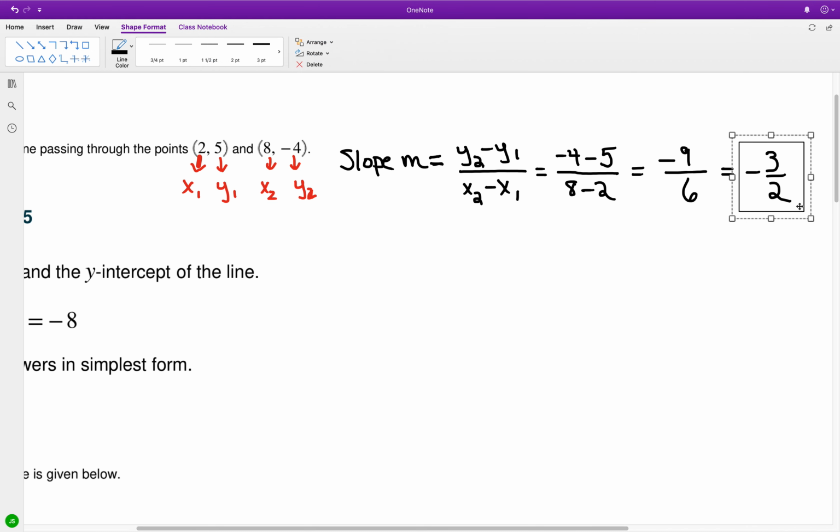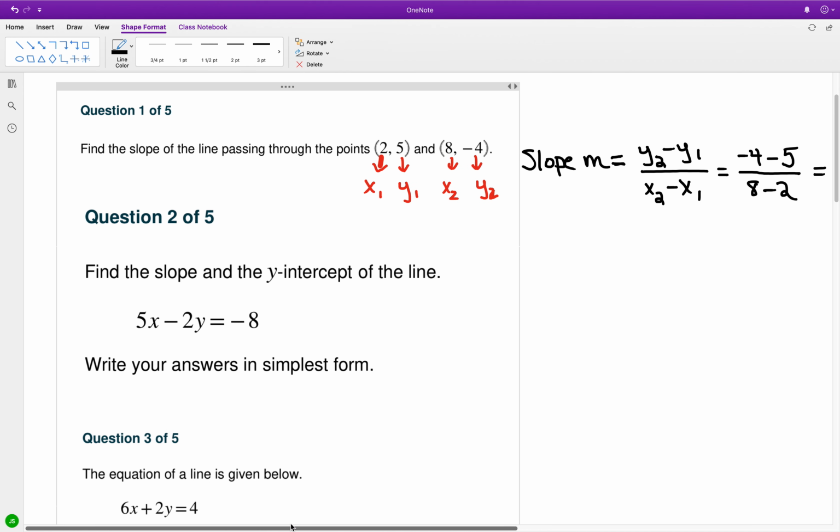For problem number 2, it says to find the slope and y-intercept of the line.